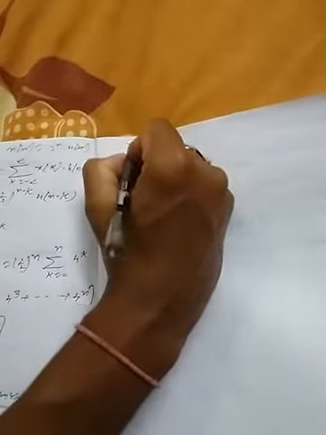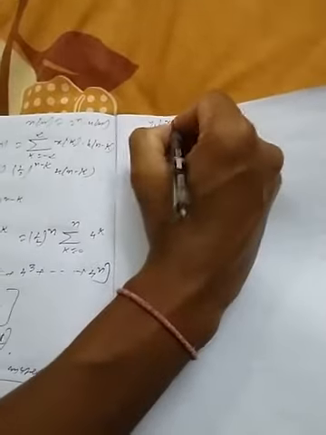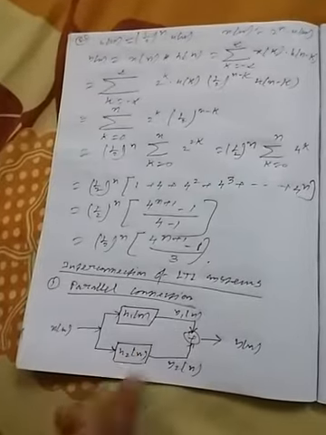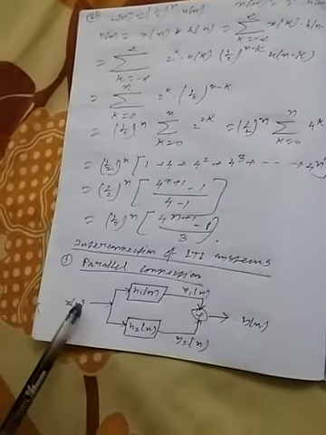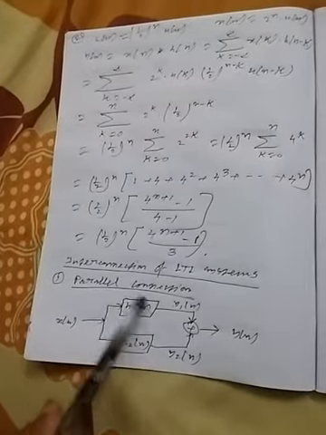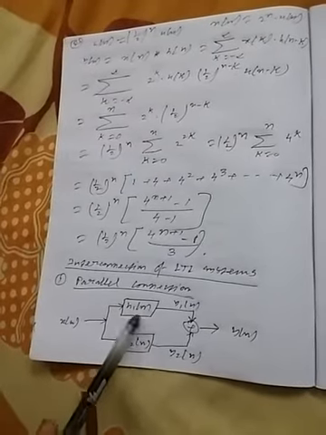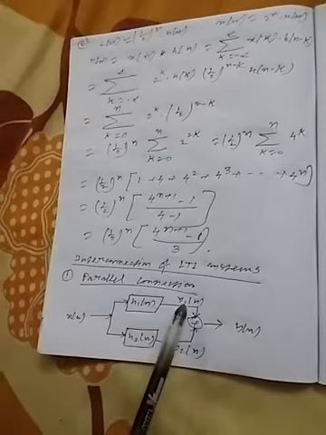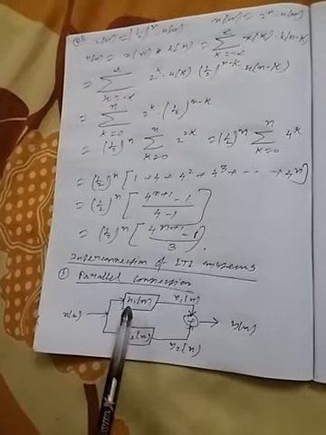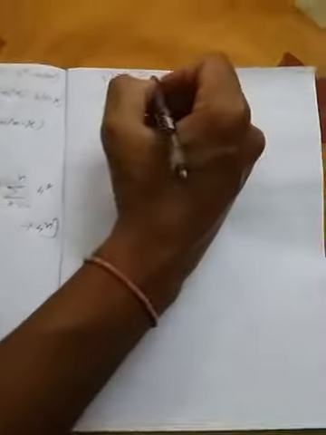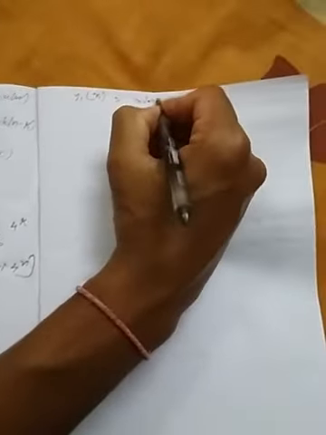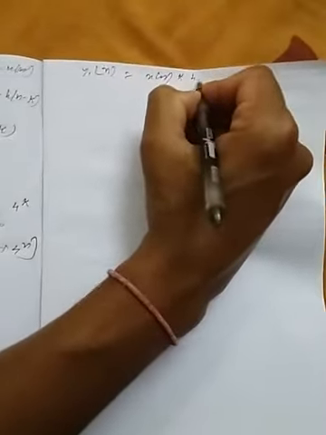Now what is the relationship between output and input of the first block? Here we can see output of the first block is y1n and input is xn and the impulse response is h1n, okay? So we know output equals input convolution impulse response. So y1n will be equal to xn convolution h1n, right?